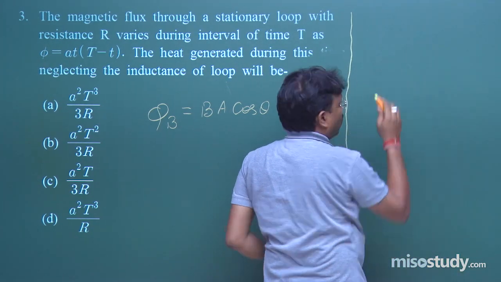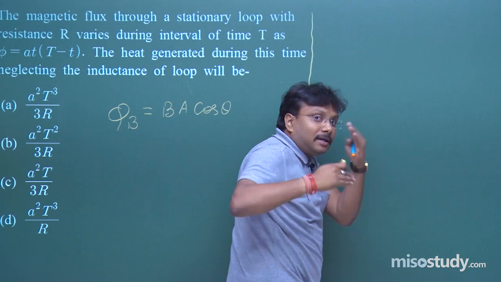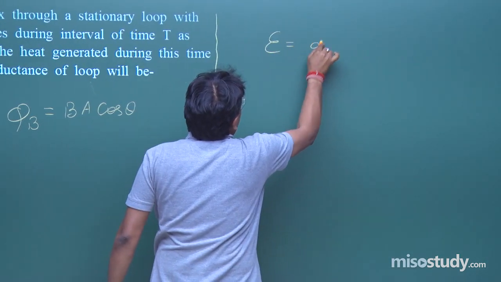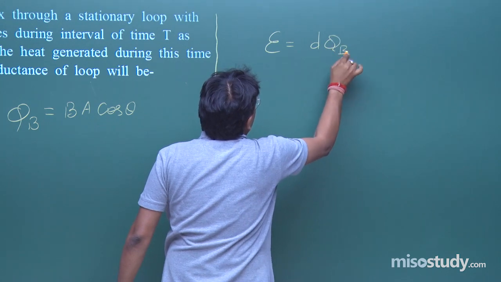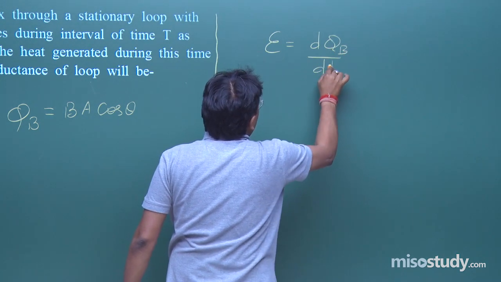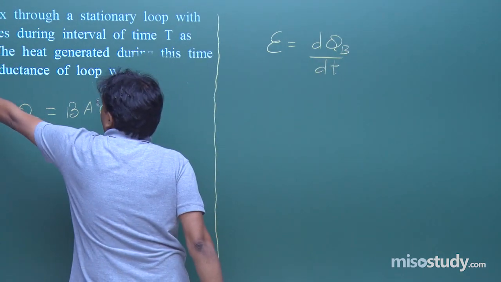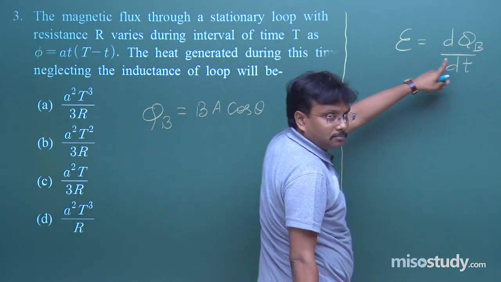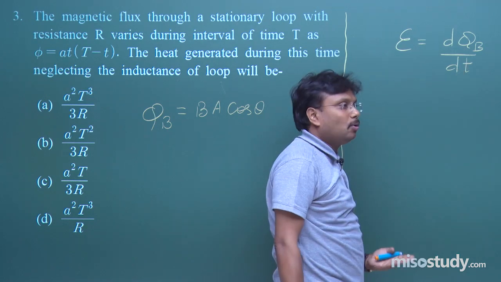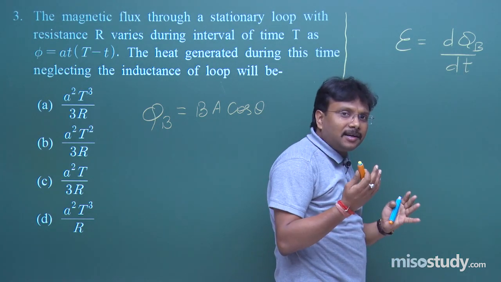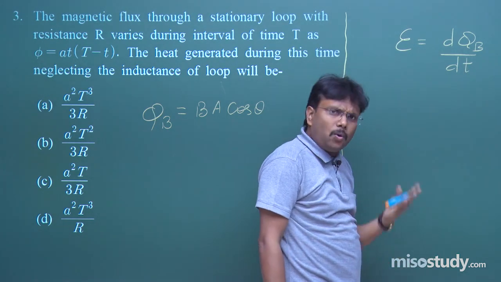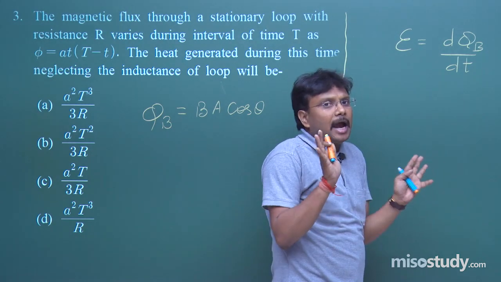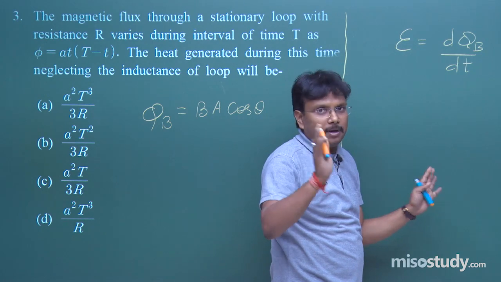Now, once again the same formula, but in a different manner, that is EMF is equal to d phi B by dt. What you have to do is differentiate phi with respect to time t once. That you can easily do. Although you are preparing for a medical entrance exam, I can understand that small steps in integration and differentiation are very simple, you can do that.